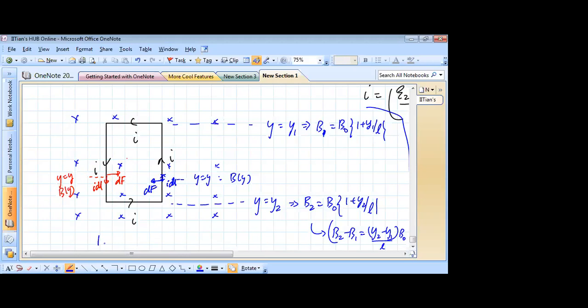So the horizontal component Fx becomes 0 by magnetic field. But as you can see, the force acting on this, which is let's say F1, does not balance the force acting on this, which is F2.